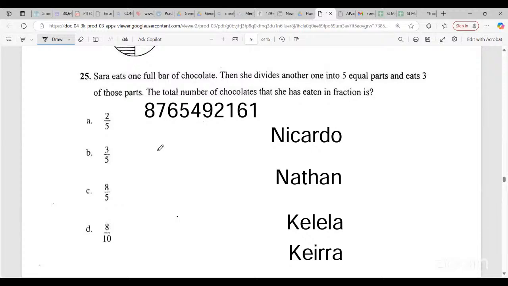That's why the bottom number will be 10. First she ate 5, then she ate the other 3, then I added it up and got 8. Okay. All right, Nathan, your time.